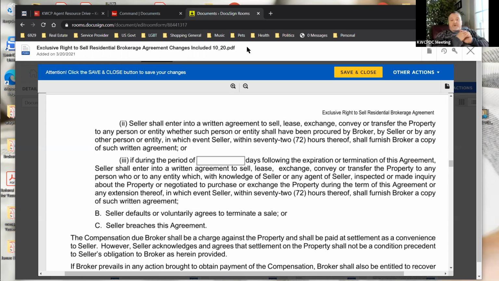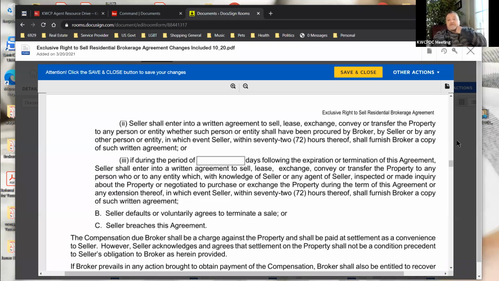All right, and keep in mind that with the knowledge or consent of any agent or seller, inspected or made inquiry about the property or negotiated to purchase or exchange the property during the term of this agreement or any extension thereof, in which event the seller within 72 hours thereof shall furnish broker a copy of such written agreement.